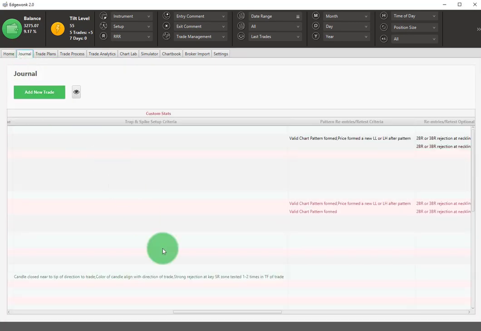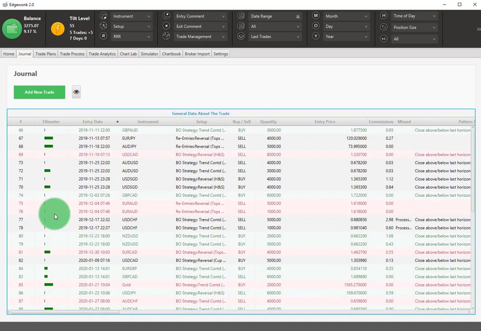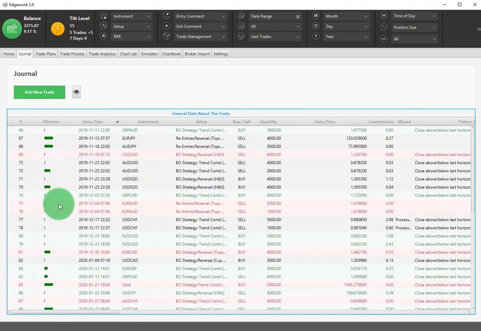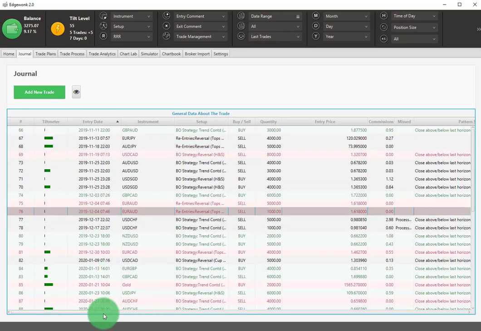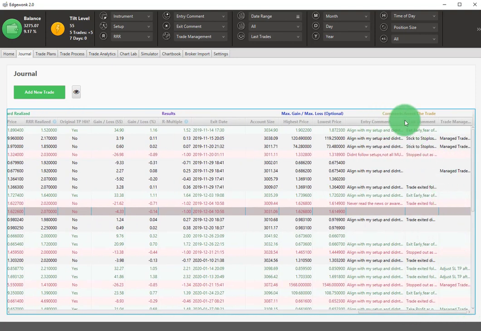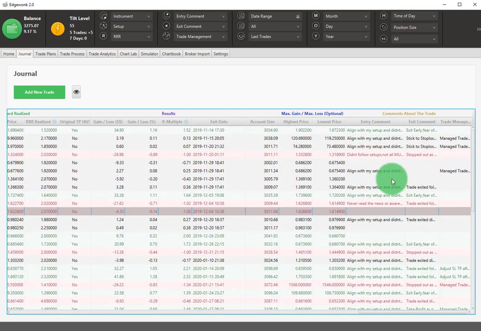When we go to the journal, I always like to start by looking at the tilt meter, and you can see most of the time the tilt meter is filled out quite nicely. There are some trades where he hasn't assigned a tilt meter, which I think is always going to be helpful if you change that. So you want to go to your trade entry, exit, and trade management comments, and make sure that for every trade that you enter, you have assigned a value.